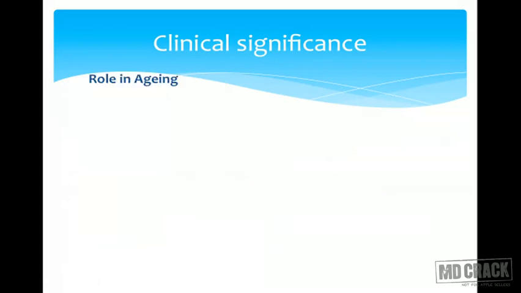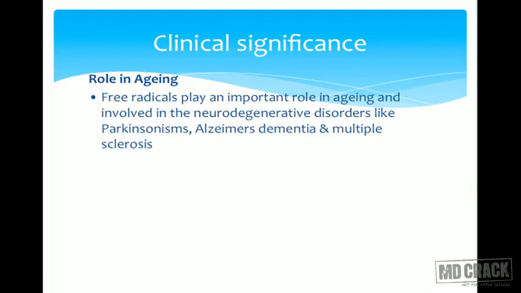So we go further, one important area, that is the role in aging. Free radicals play a very important role in aging, and they are involved in neurodegenerative disorders like Parkinson's, Alzheimer's, dementia, multiple sclerosis. In all these conditions, there may be other things involved, genetic levels or some other protein misfolding, but all that is attributed to an increase in free radicals.